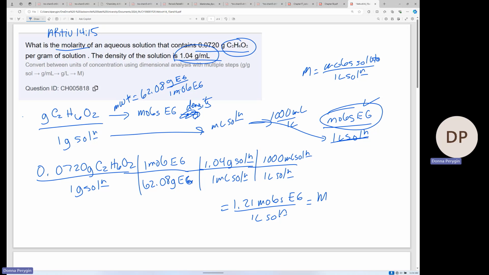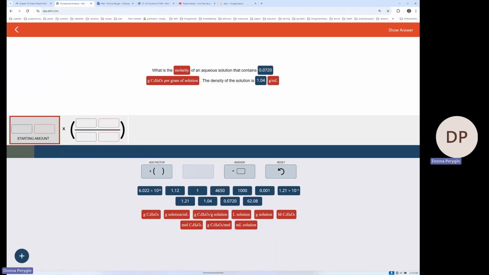Let's see how we can put that into ALEKS, okay? So how are we going to put that? We're starting with 0.0720 grams of ethylene glycol. So let's put that in, 0.0720. And next we have grams of ethylene glycol per gram of solution.